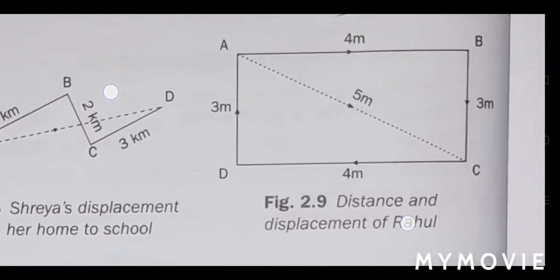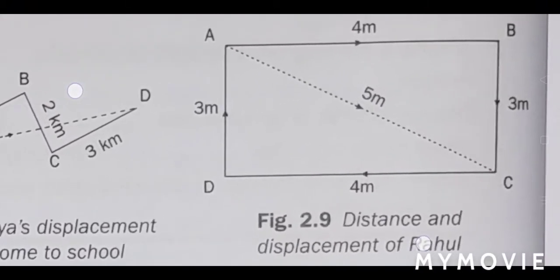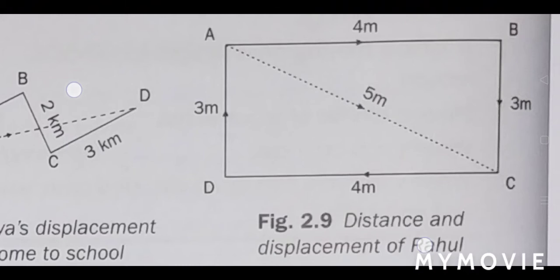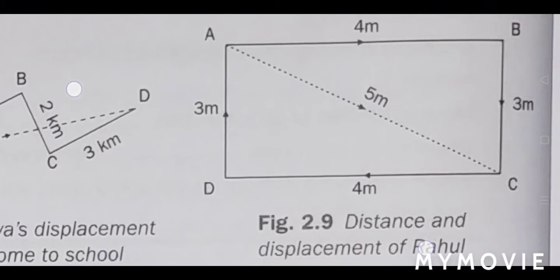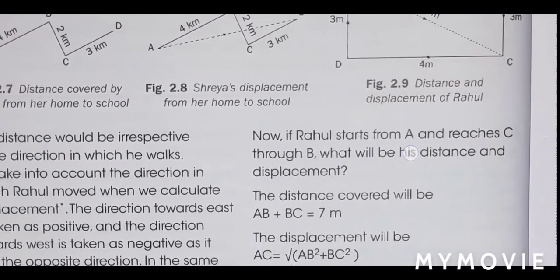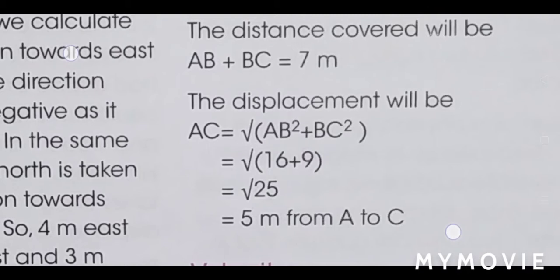Here the distance is AB plus BC, that is 4 plus 3, 7 meter. But the displacement AC we have to calculate by using the Pythagoras formula: AC equals square root of AB square plus BC square.